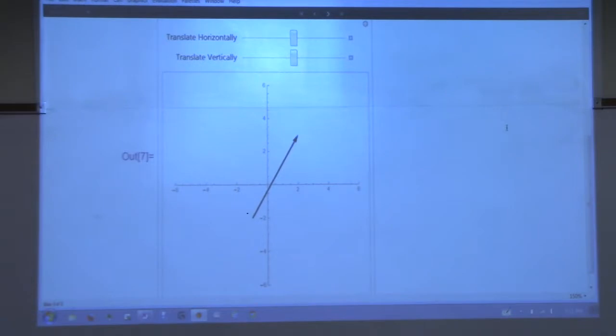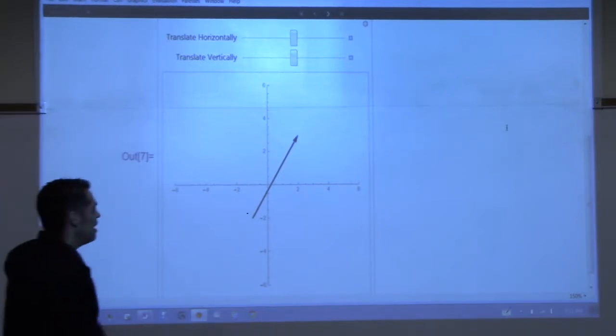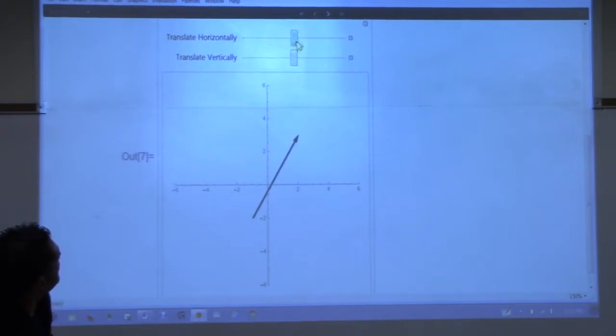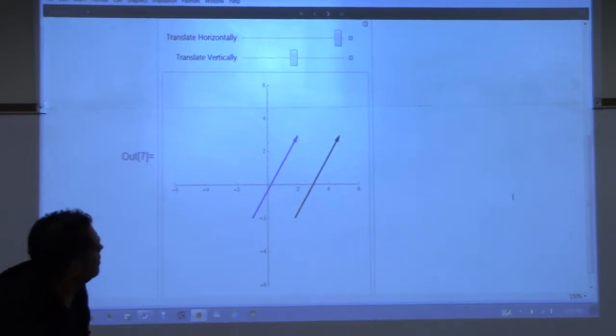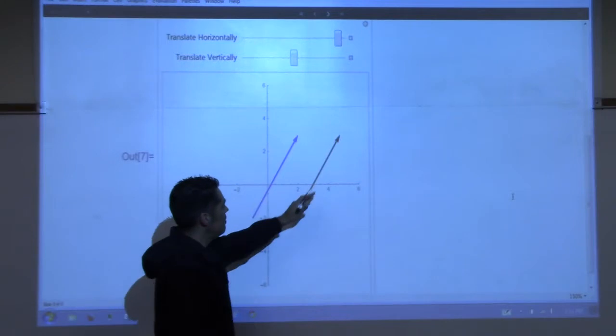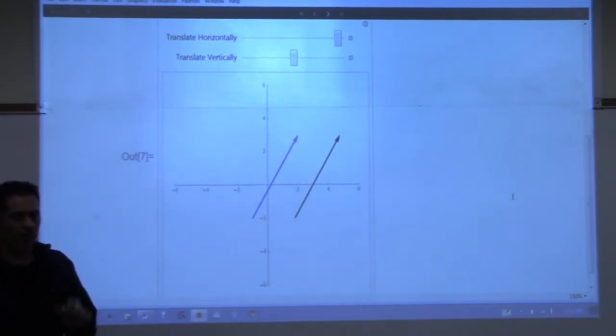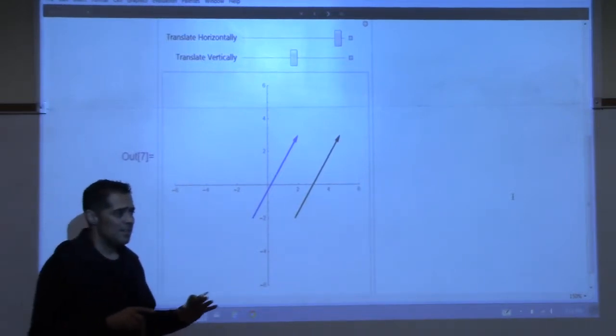That vector has a length, it has a direction, right? If I move this vector to the right, leaving this one here, these two vectors are equivalent. They're the same. You really don't know the difference between the two. The position does not matter.